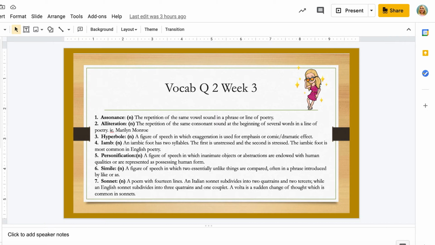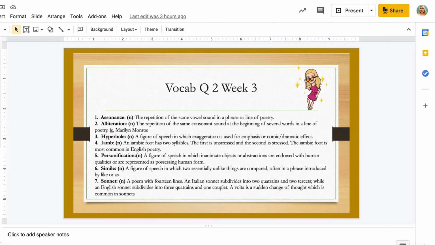Now, I'm going to come back and talk about this again in just a moment, but I want to move on to number 7, sonnet. A sonnet is a poem that has 14 lines. An Italian sonnet subdivides its 14 lines into 2 quatrains and 2 tercets.